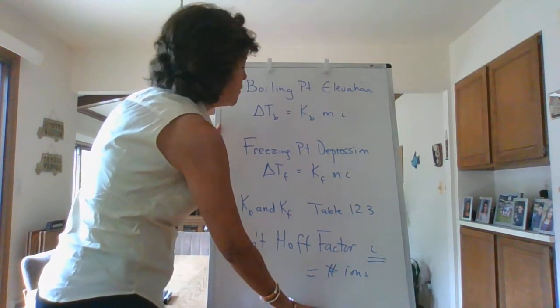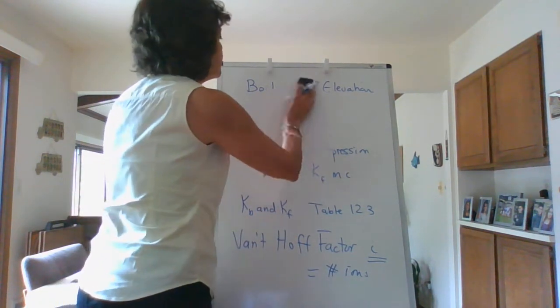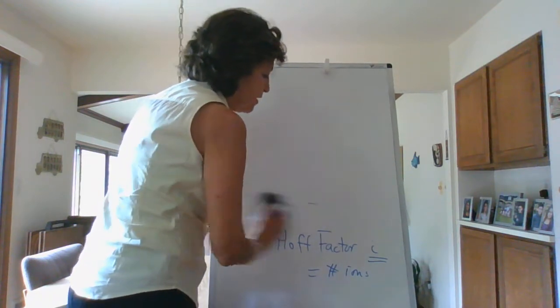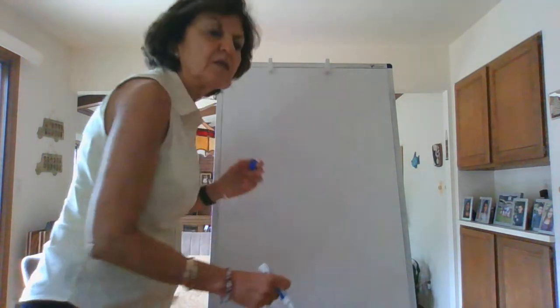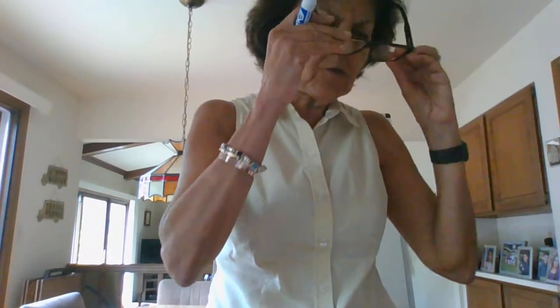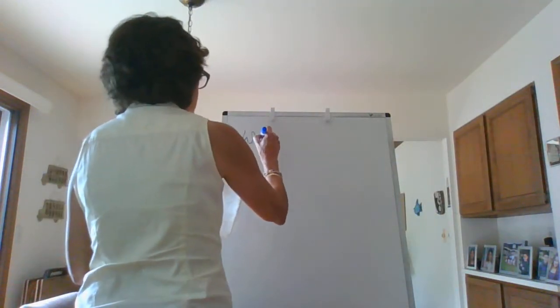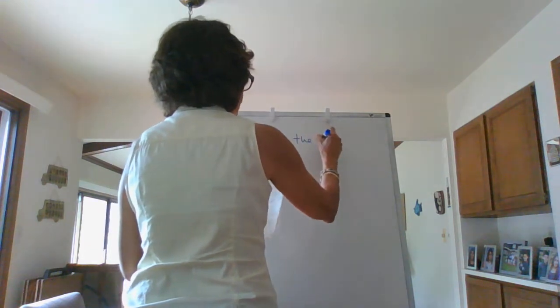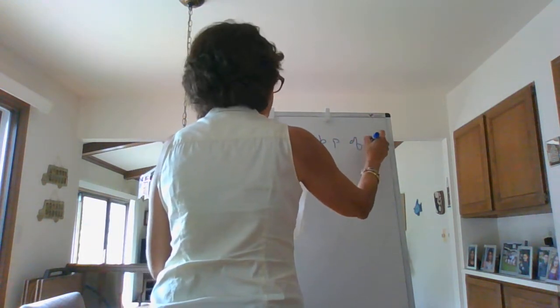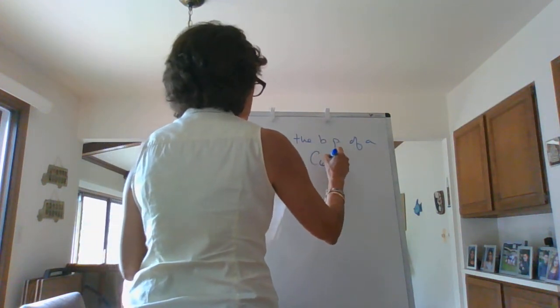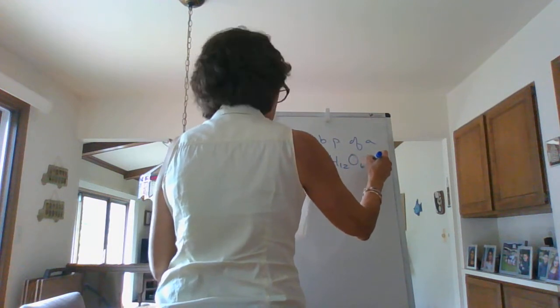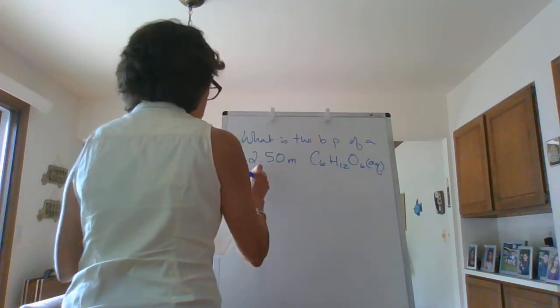A lot of it is just making sure you know how to find the molality, because you're going to need to find the molality and then plug and chug into this equation. Now, this first one I'm giving you already has the molality given, so making your life easy. So here's the question: what is the boiling point of a 2.50 molal glucose, C6H12O6, aqueous solution.